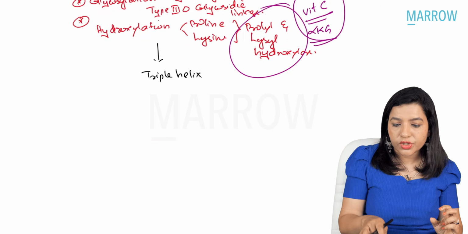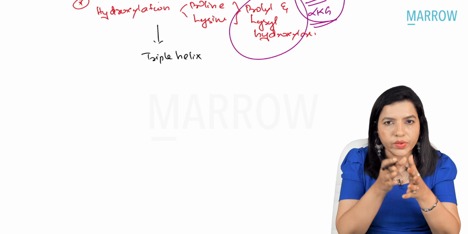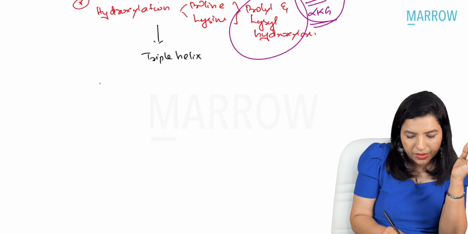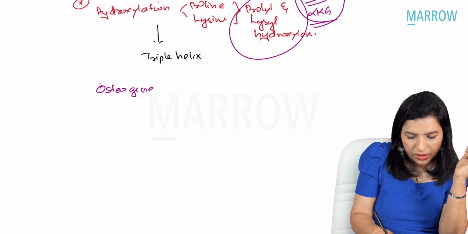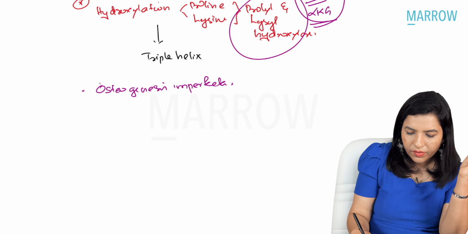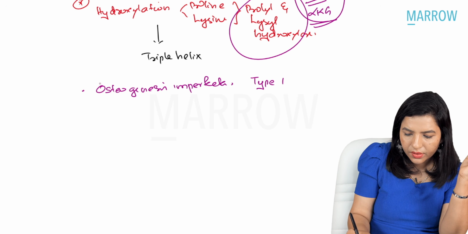The next thing that we should learn in collagen is the collagen disorders. Very important is osteogenesis imperfecta, which is associated with type 1.